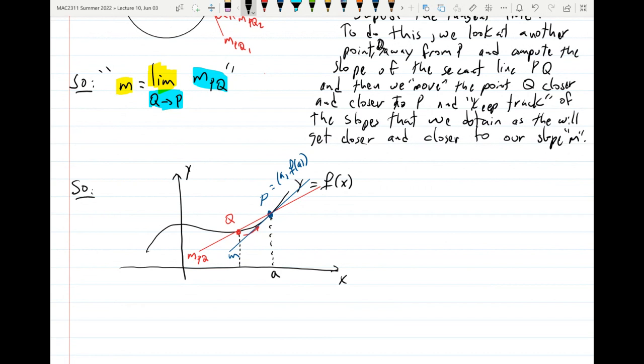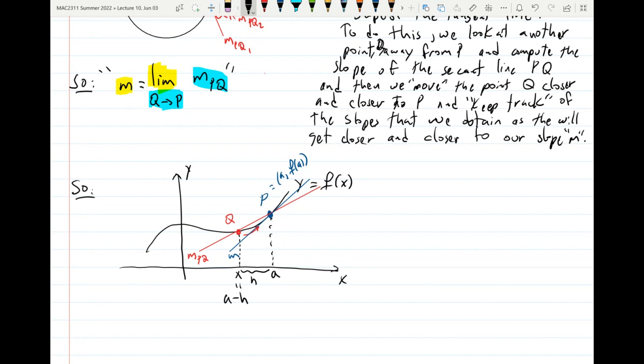Okay, so this time I'm doing it from the left, but the same thing could have been done from the right. But let's say that this distance right here is h. And then the point that Q is at, let's call it x. So I guess in this case, our x would be a minus h, right?